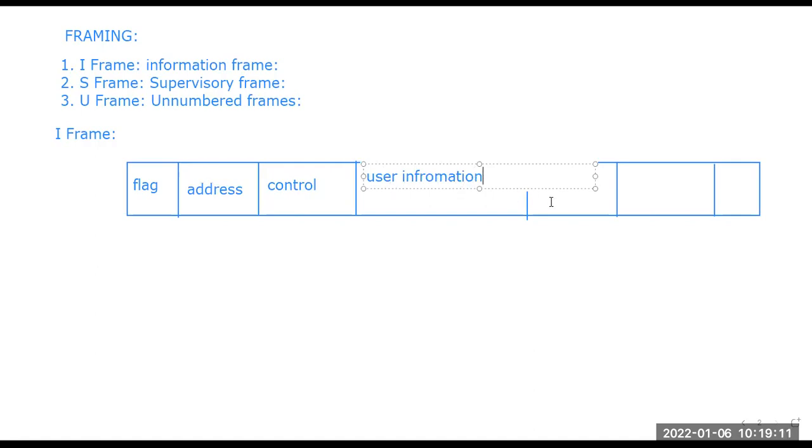The next part is the FCS. Flag, address, control, user information, FCS, and lastly flag. Actually, I have made a mistake. Just a minute.